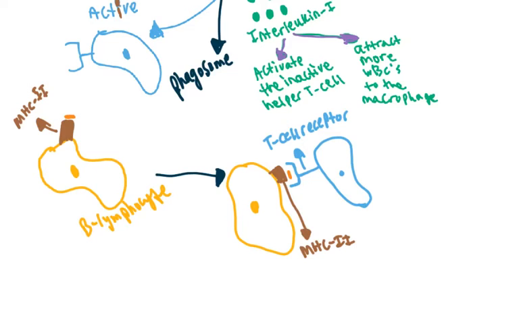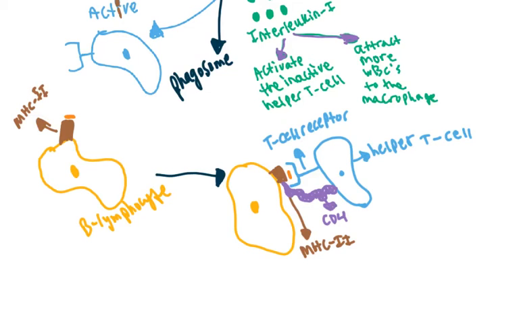And then we have our CD4 glycoprotein that's here, that attaches itself on the MHC2 complex. And so let's label that on our helper T cell. This is our CD4 glycoprotein, and this is our helper T cell.